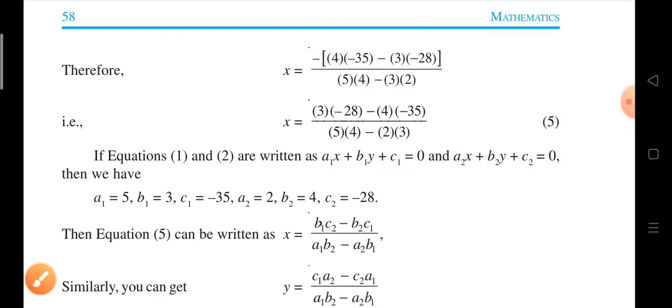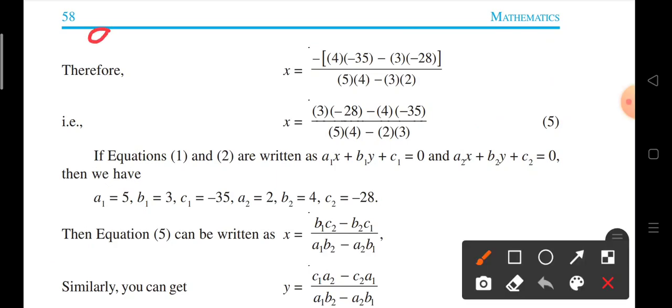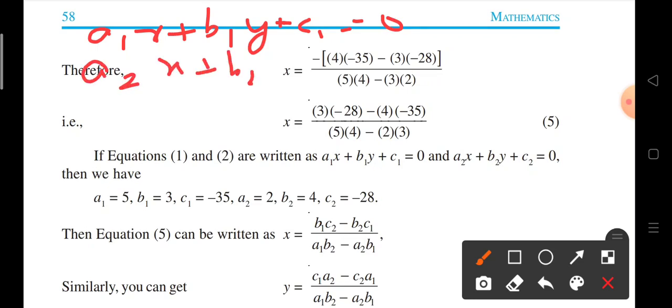Now what is this actually is, if you write both the equations in this way, a1x plus b1y plus c1 is equal to 0 and a2x plus b2y plus c2 is equal to 0.